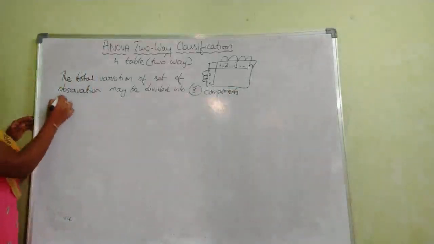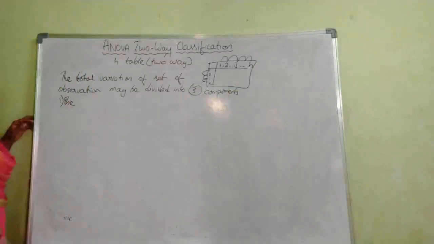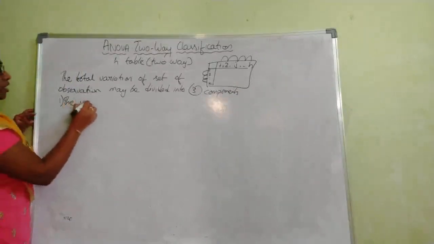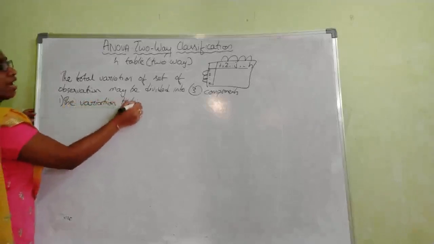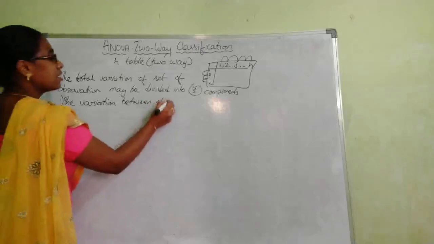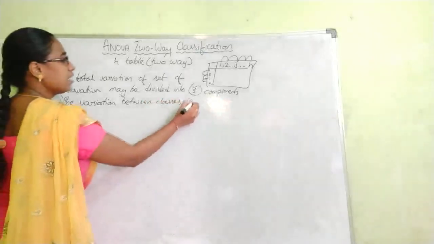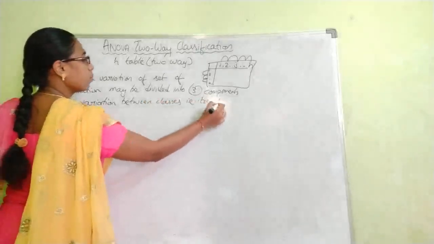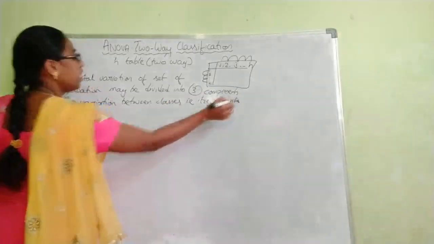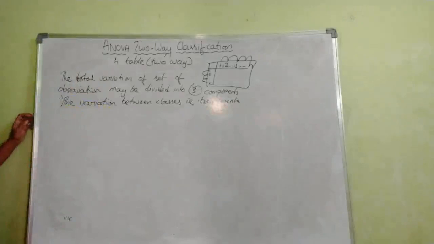What is the first one? The variation between the treatments, that is, the variation between the classes. Classes means the K classes, that is, between treatments. The variation between classes or treatments is the same.